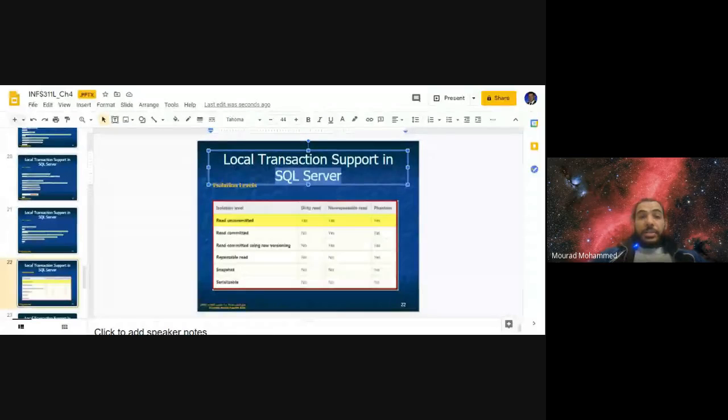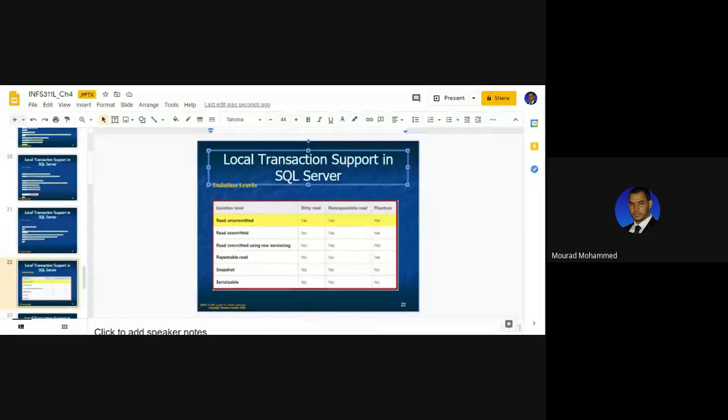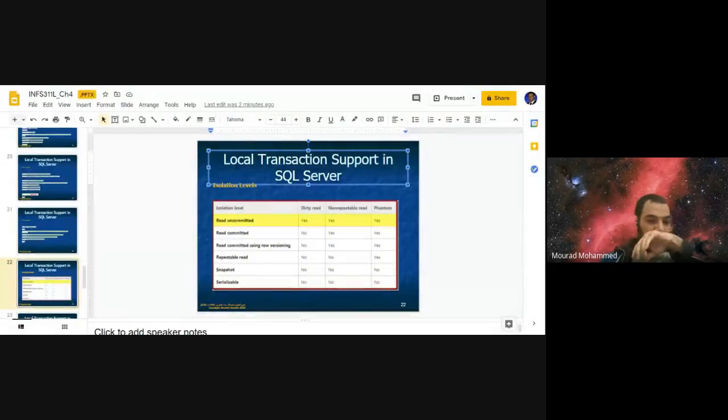Those isolation levels, we will see an example in a while.